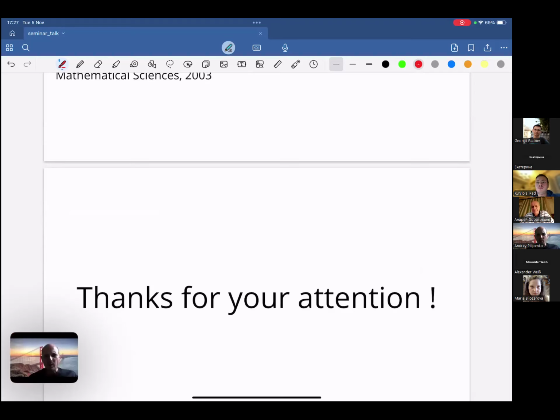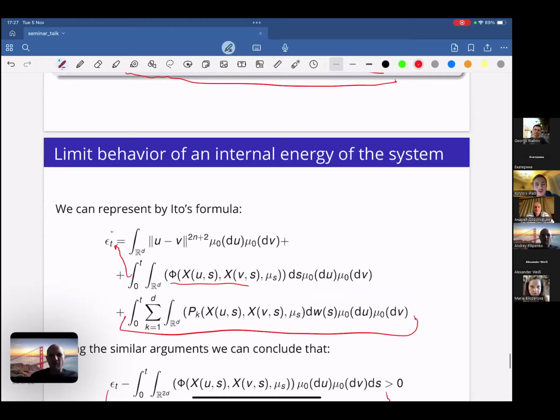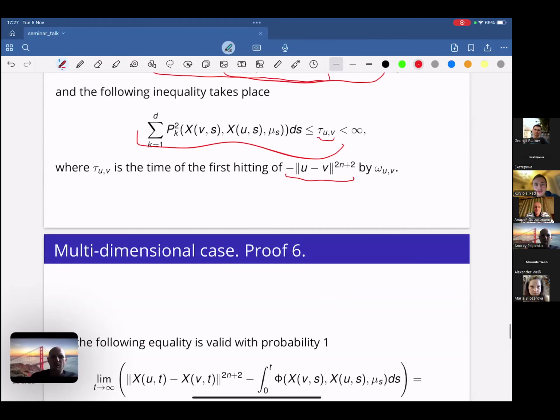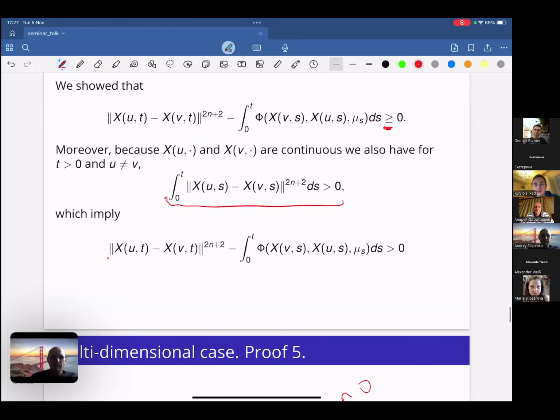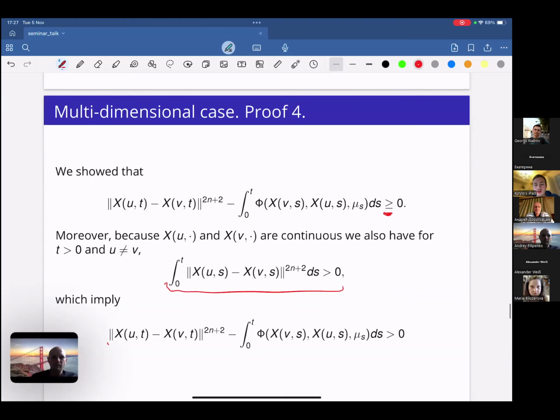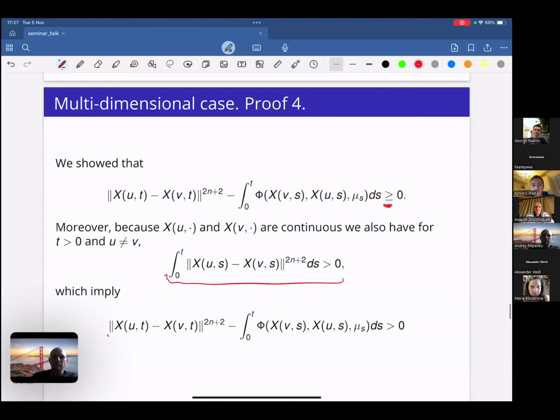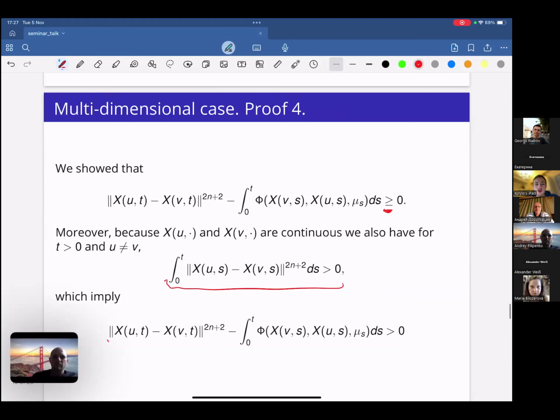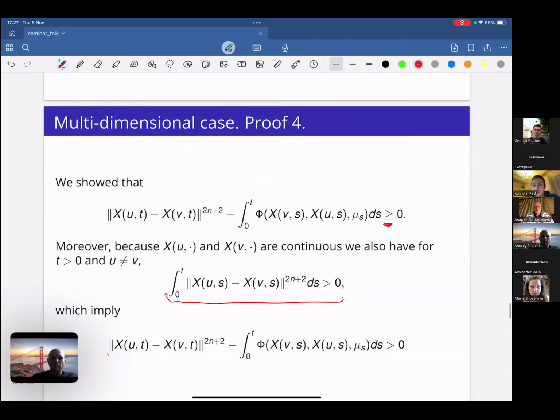I have a question. Why is the limit positive? It may be 0, I think. Because these things are strictly greater than 0, because we have the condition that u doesn't equal v.